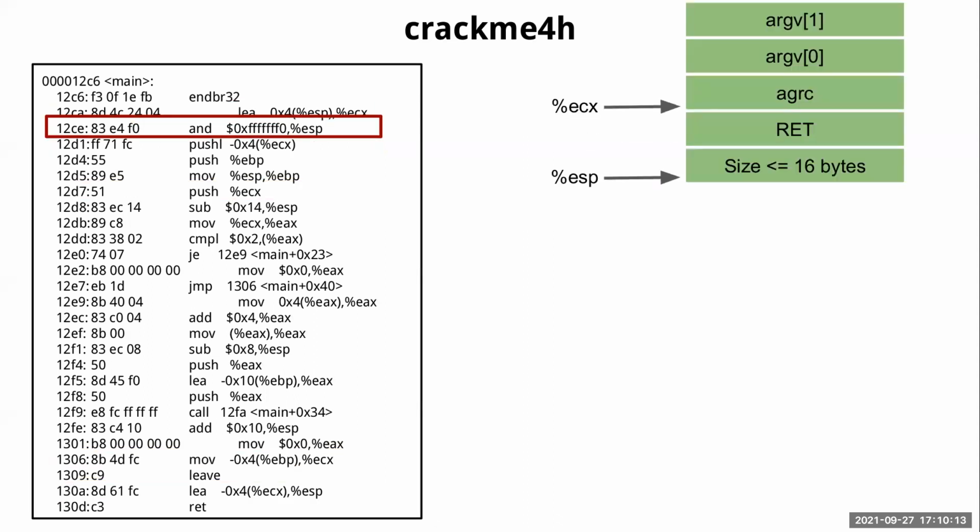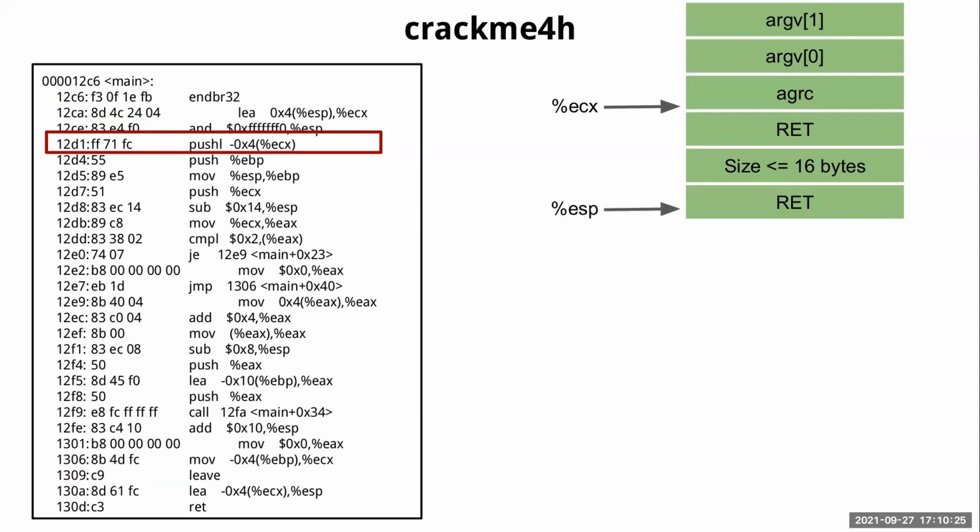Then, so after this one, we know that ESP will be smaller. So ESP will move down a little bit. We don't know how many bytes, but definitely not more than 16 bytes. So after that, we will push ECX minus 4. So what ECX points to here? So ECX minus 4 is here, the return address, right?